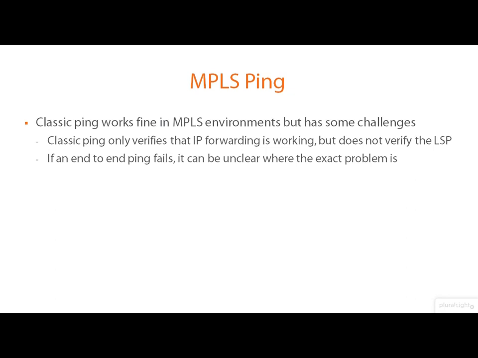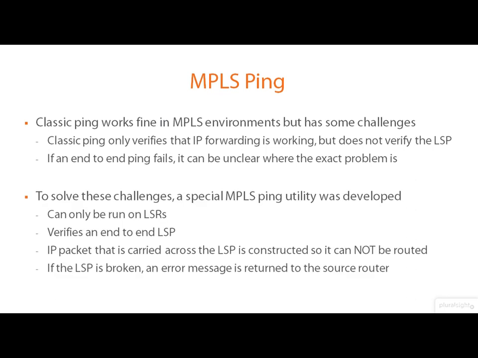So to work around these issues, they came up with something called MPLS Ping, which is a separate utility altogether. It can only be run on MPLS routers, LSRs, and it's designed to verify the end-to-end MPLS LSP.